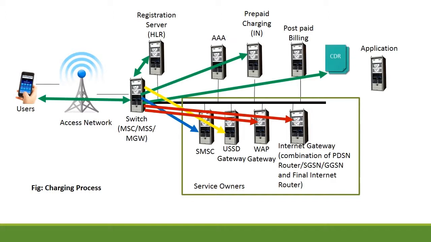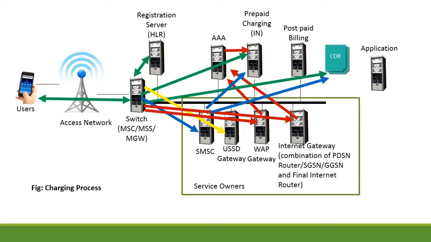For internet service, it will go to the internet gateway, and for the WAP service, it will go to the WAP gateway. If the request comes to the SMSC, for prepaid charging it will interact with the IN, and for postpaid it will generate the CDR. In the same way, requests from the WAP gateway and internet gateway go to the AAA.